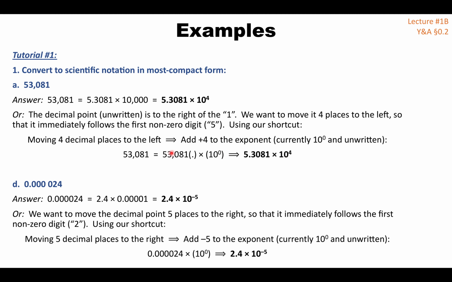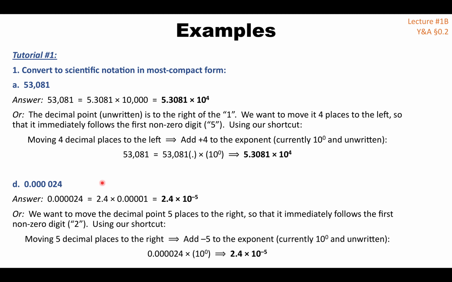The steps are pretty much exactly the same for this very small number right here. We can either glance at it and recognize it as, oh, that's 24 times 0.00001, and 0.00001 is 10 to the negative 5. Or we can do the decimal point shuffle again, right?